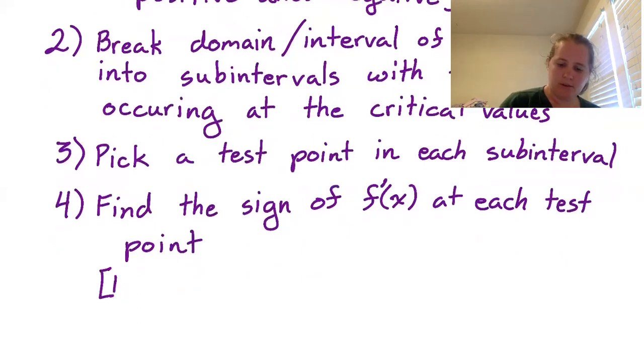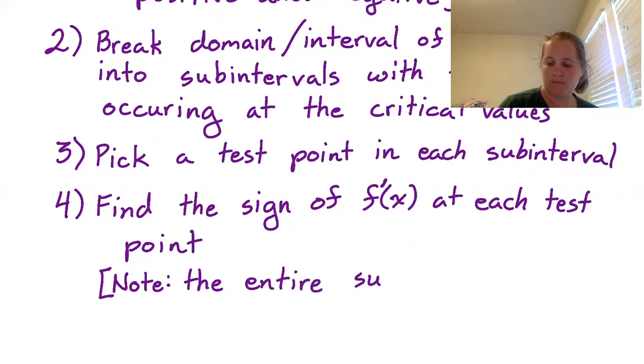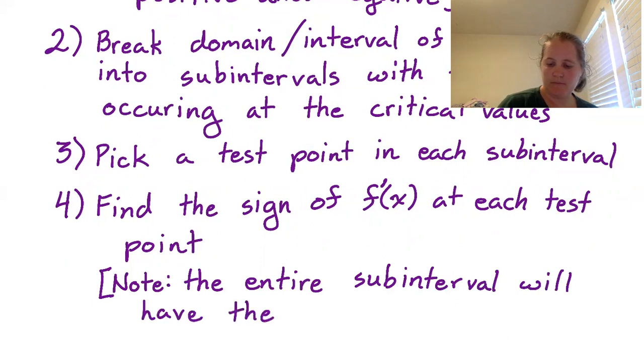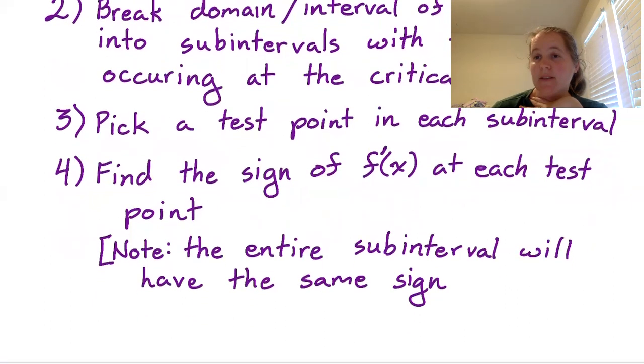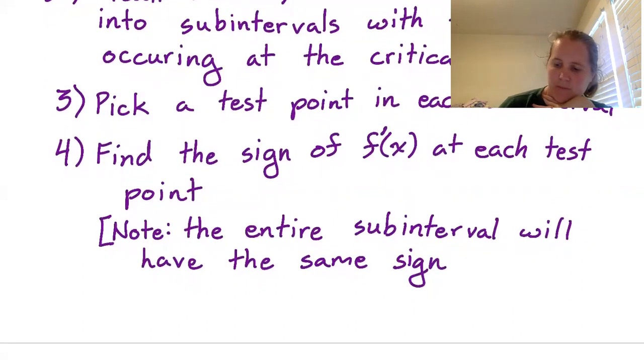So again, note the entire subinterval will have the same sign, since there's no critical value within the subinterval to switch at. And so then from there, we can determine which subintervals are increasing and which are decreasing.